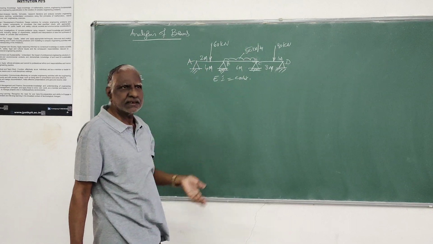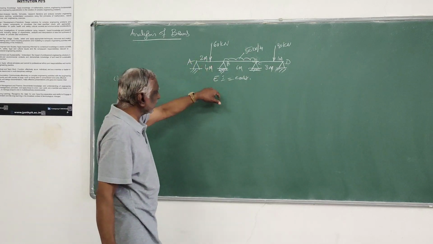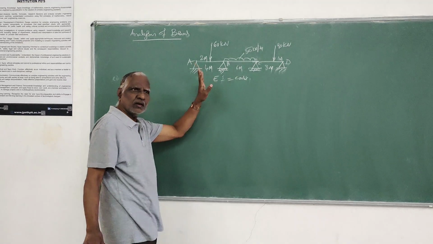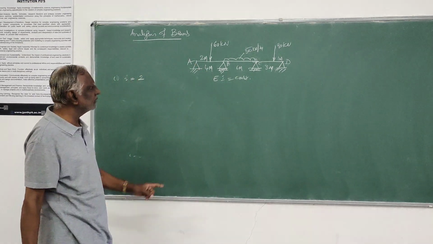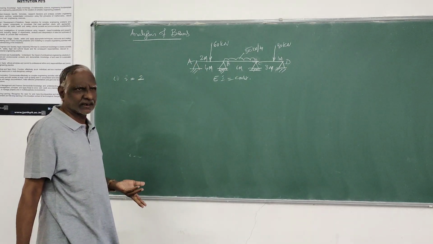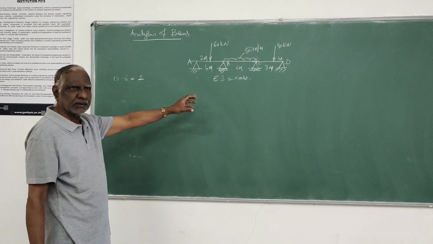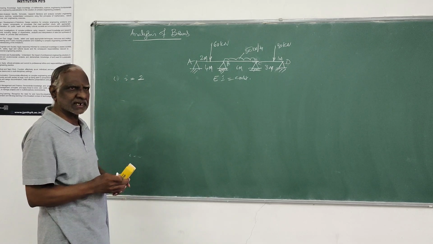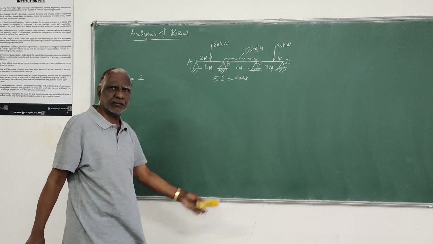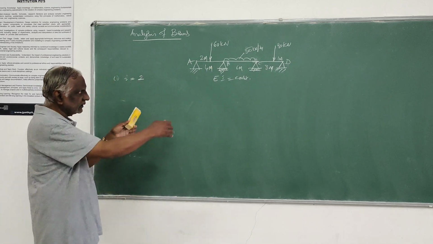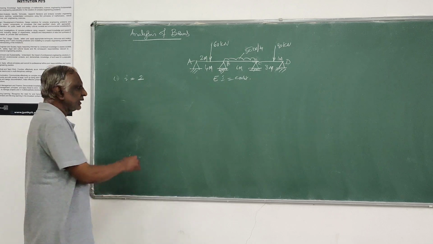That is the easier way. If support settlement is given, then you have to take one of the vertical reactions of support as the redundant. Otherwise, in all other types of problem, you select only the moments at the ends of each member of the beam as the redundant.